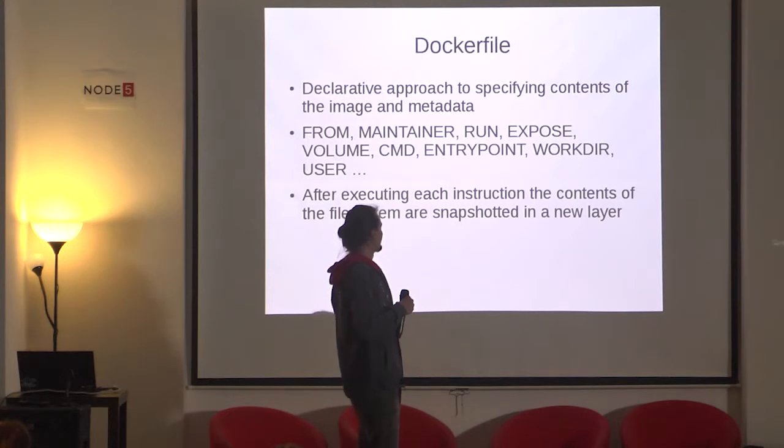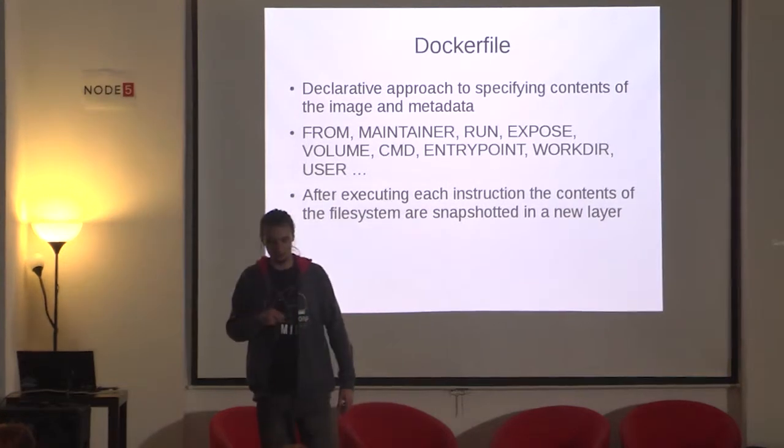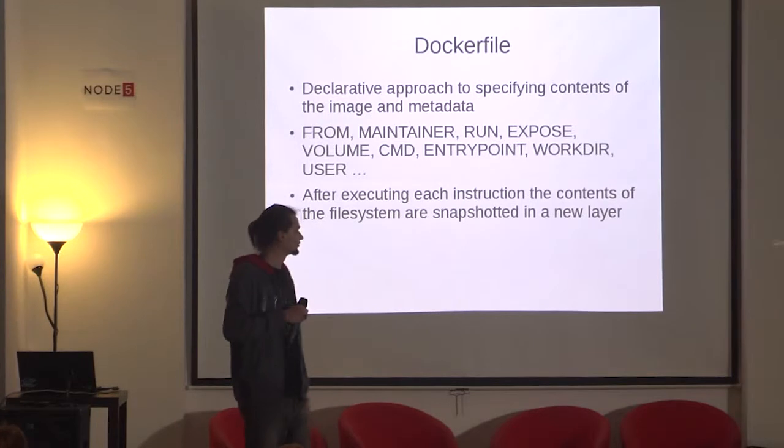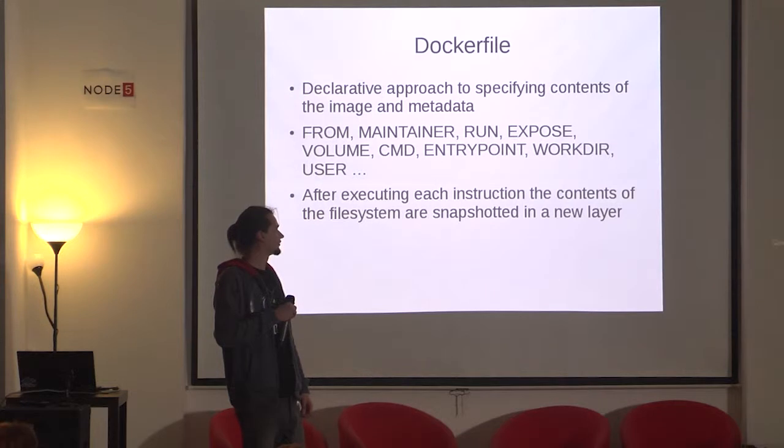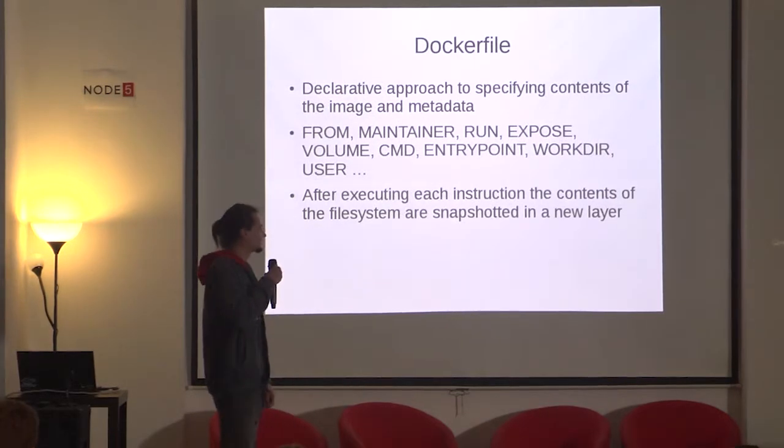Next we see EXPOSE, which gives us an option to specify which ports you want to have open in that container, but it's basically a formal specification in that the container does not need to be listening there.